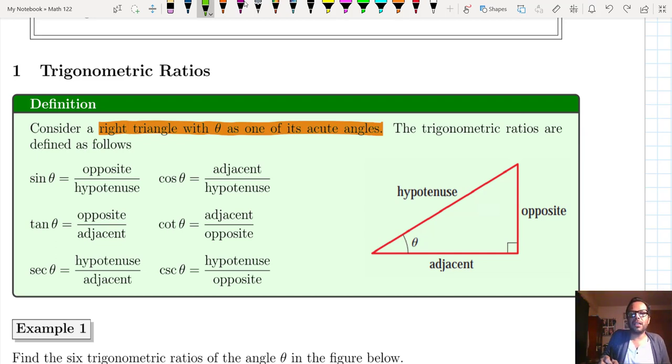So if this is our reference angle, theta, notice this side, which is the vertical one, is facing the angle from the opposite direction, and let's highlight that one with purple right here.